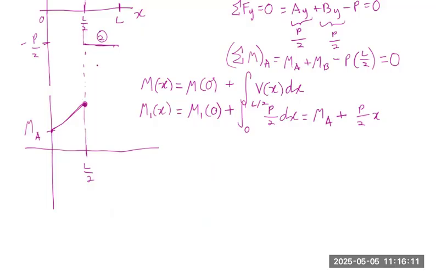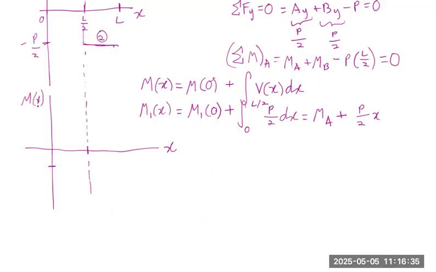Oh, wait, sorry. This is where I forgot to tell you about the counterintuitiveness of this problem. So MA is positive and counterclockwise. And because of that reason, it is actually going to be below the y-axis.